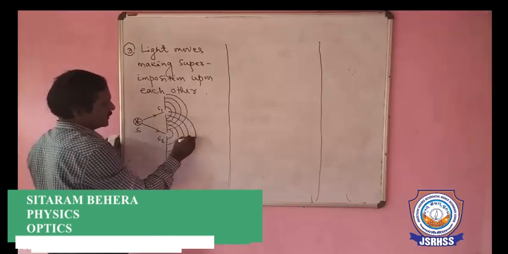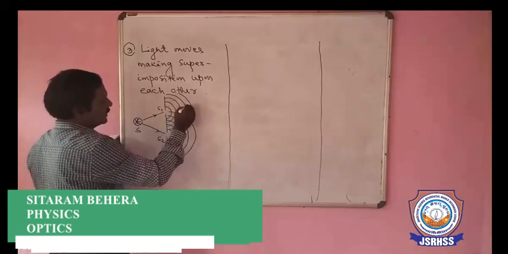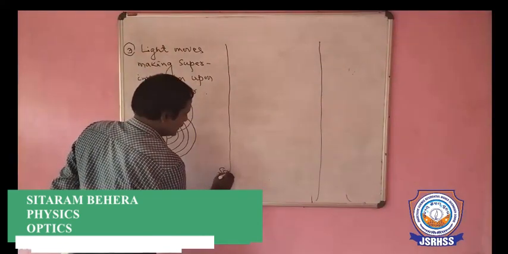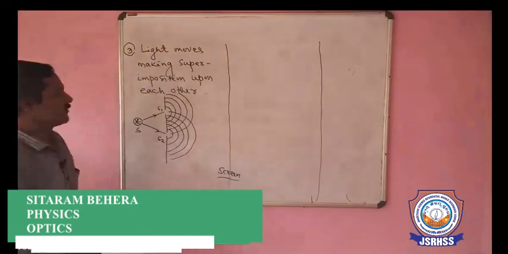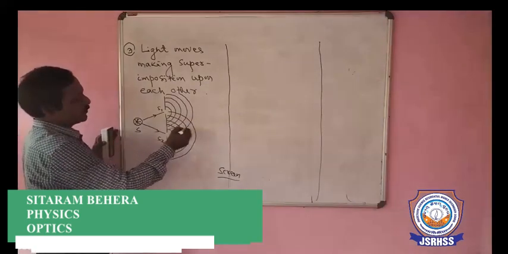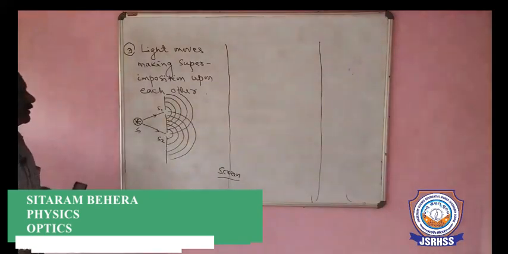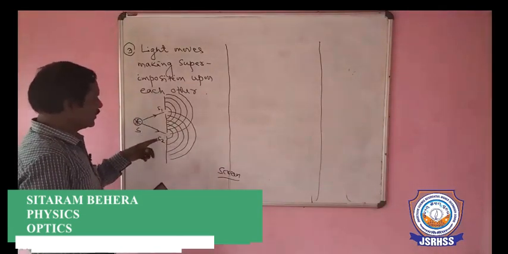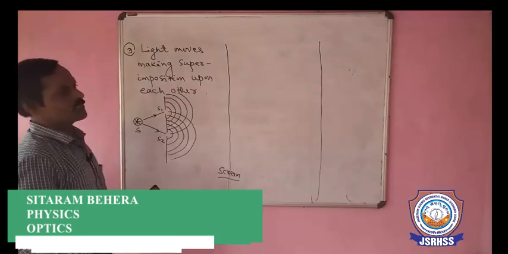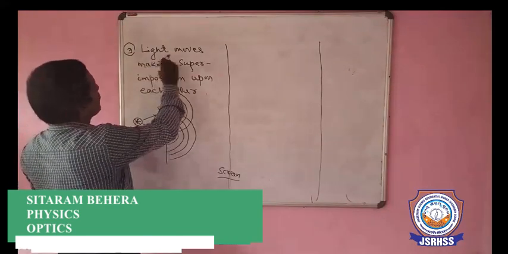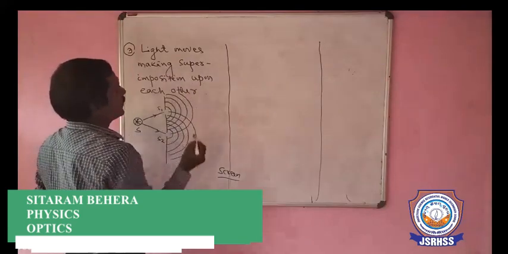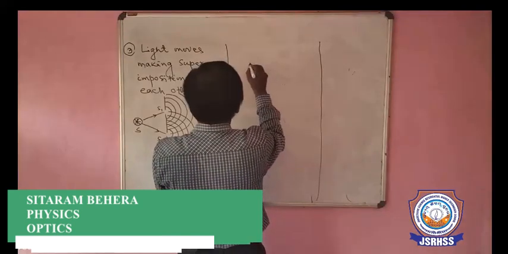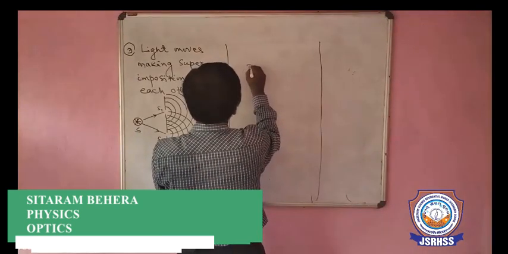So it is observed that in between slit and screen, the light waves are superimposed upon each other. The light wave coming out of the slit S1 will be superimposed by the light wave coming out of slit S2. So light moves making superimposition upon each other. It was suggested by scientist Young, and the phenomenon is known as interference.